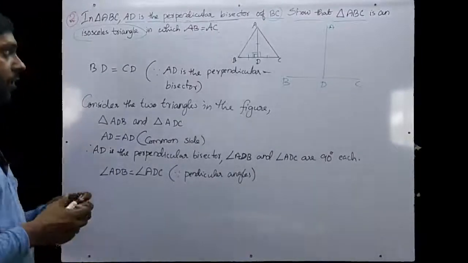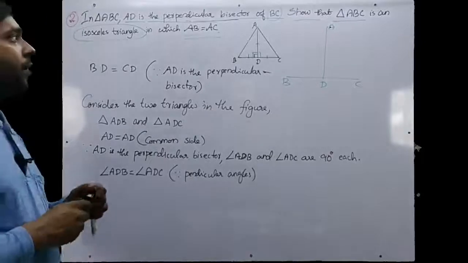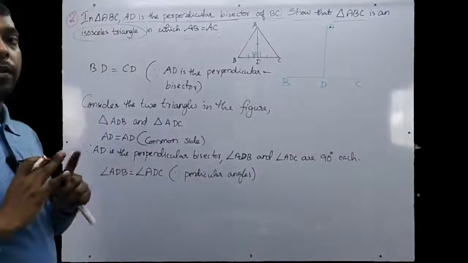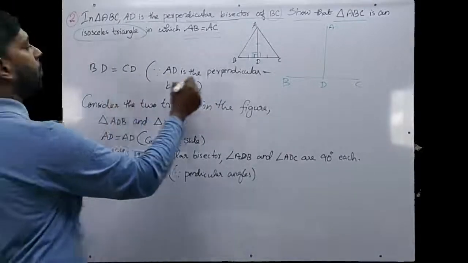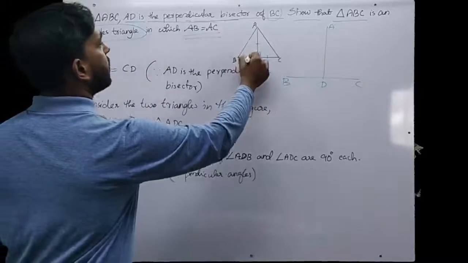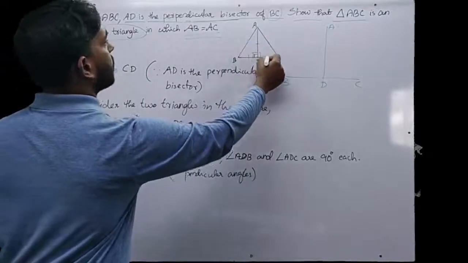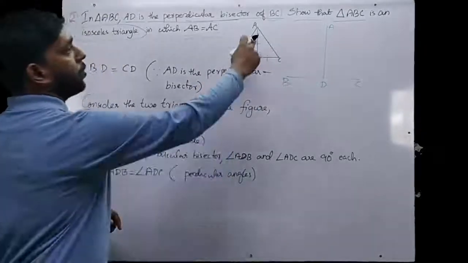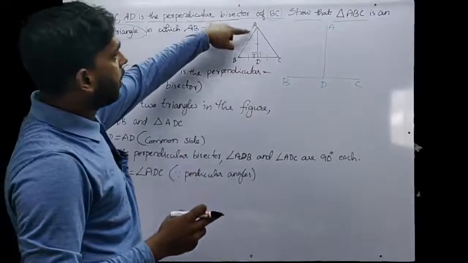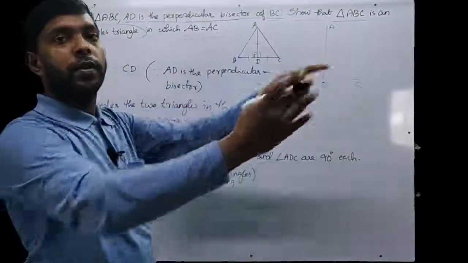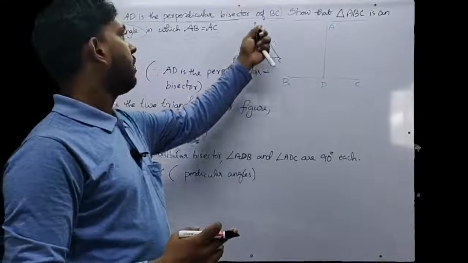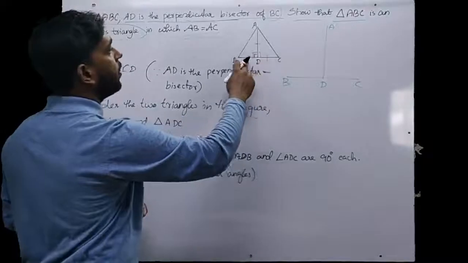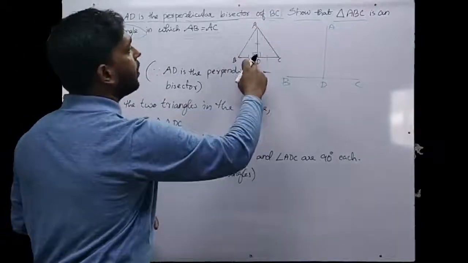Now look at the question. Look at here. We have proved that two sides of these two triangles and a pair of angles are equal. So we have proved that BD is equal to DC, or CD, and AD is equal to AD. So two sides of triangle ADB are equal to the corresponding two sides of triangle ADC. Also we have proved angle ADB is equal to angle ADC.